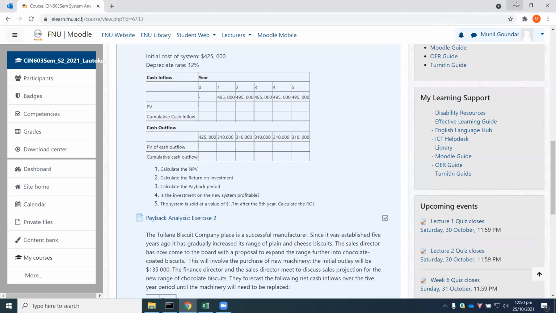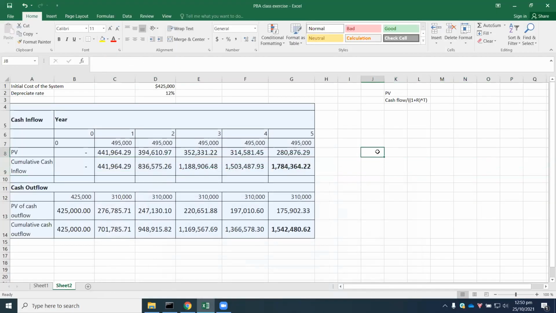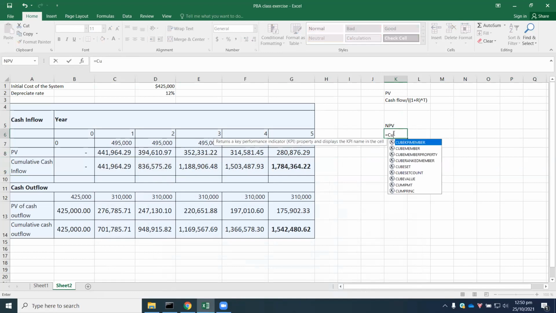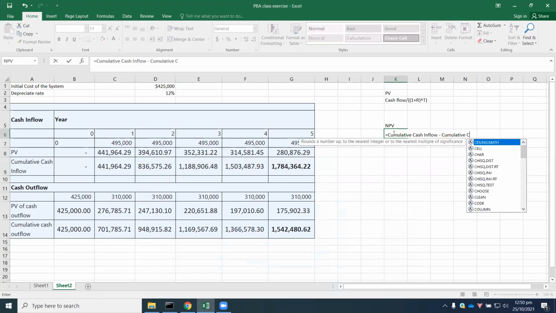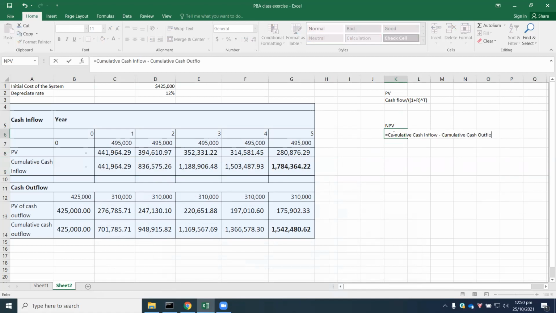So if we want to find out the net present value in this case, this is our formula. Net present value is equal to cumulative cash inflow minus cumulative cash outflow. Now, do notice this.